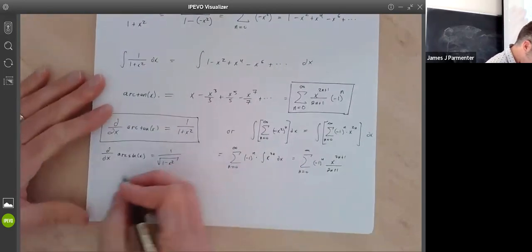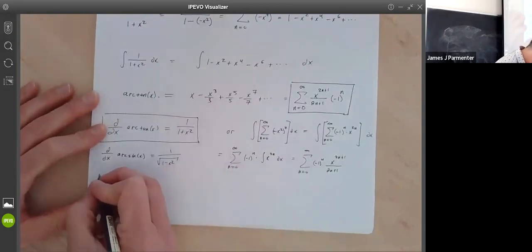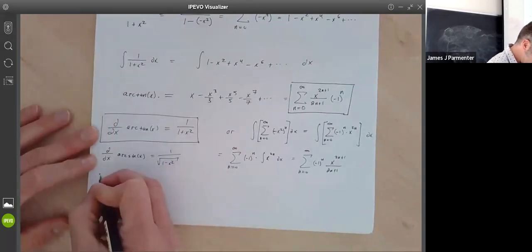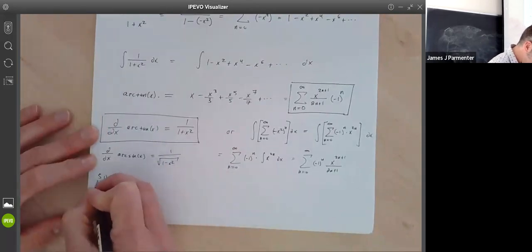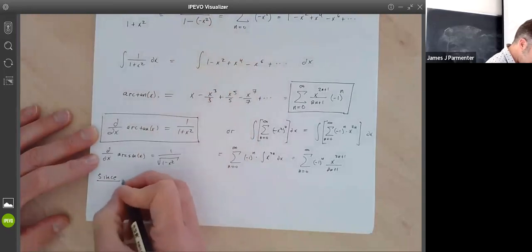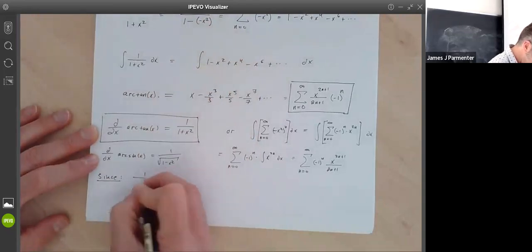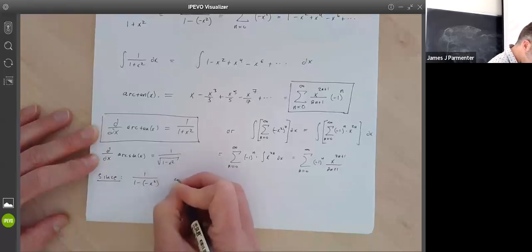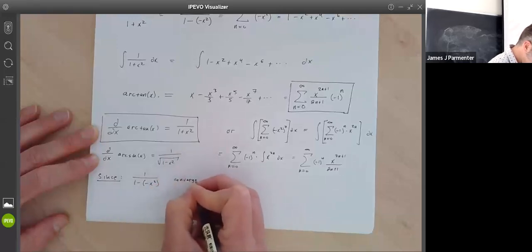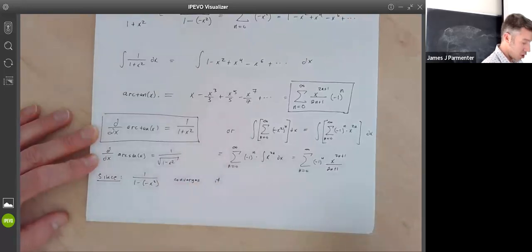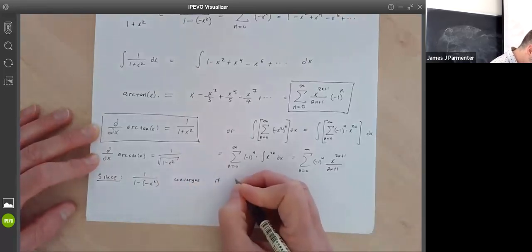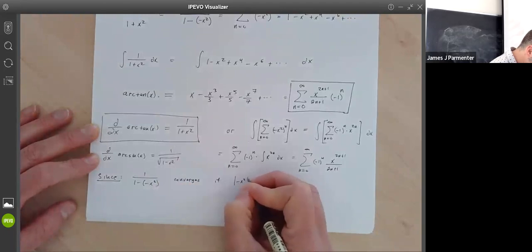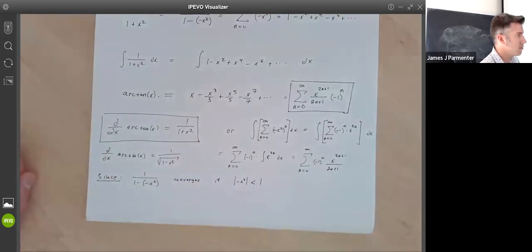So our interval of convergence here, let's look back at the original thing before we anti-differentiated. 1 over 1 minus negative x squared converges if the ratio, which is negative x squared in absolute value, is less than 1.